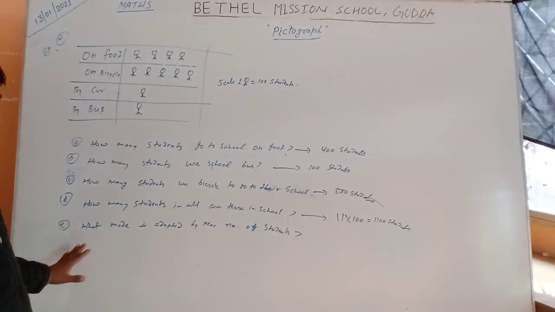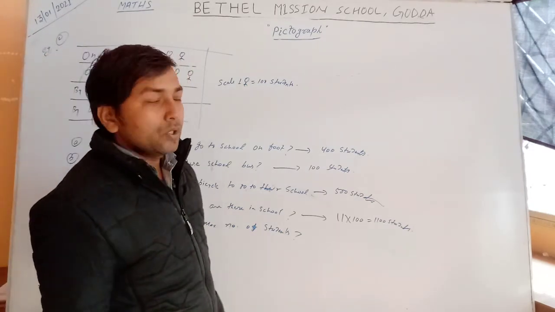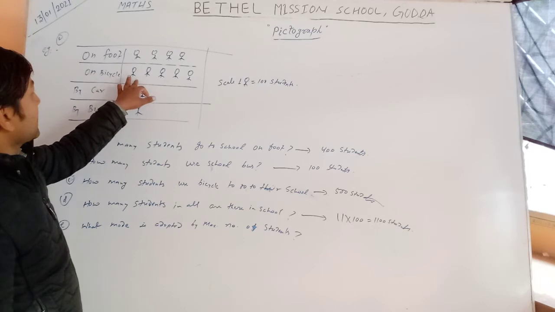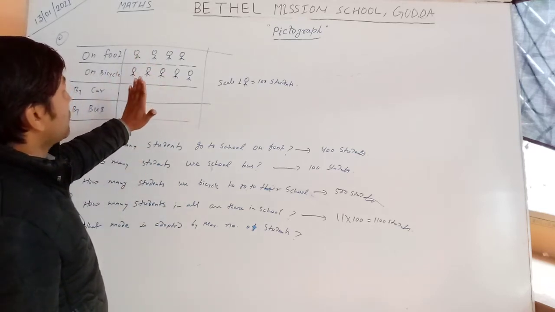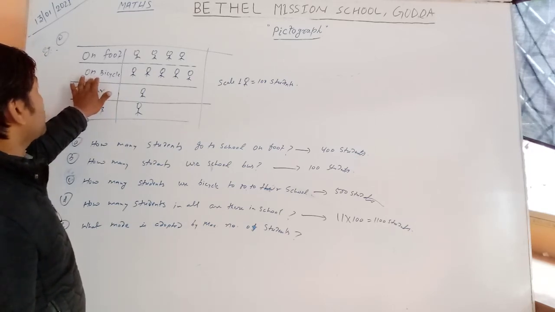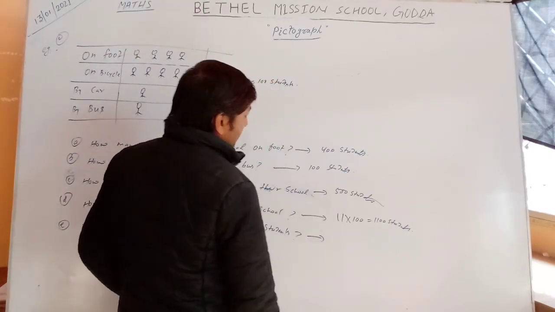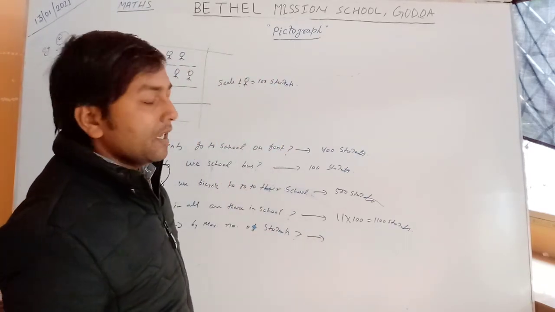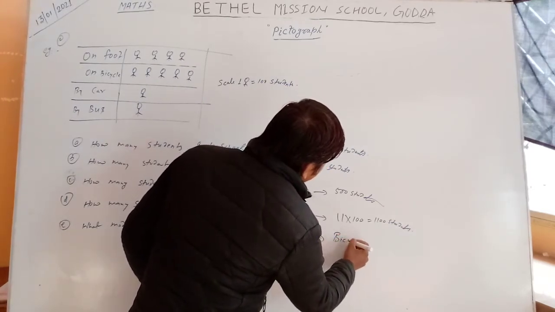Okay, and the next question, what mode is adopted by the maximum number of students? On bicycle 5 pictures are given, so 500 students go by bicycle. So bicycle is used by the maximum number of students.